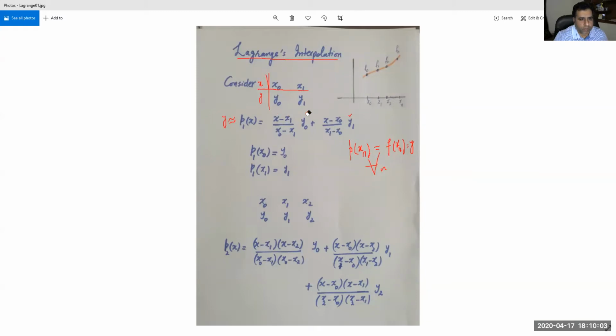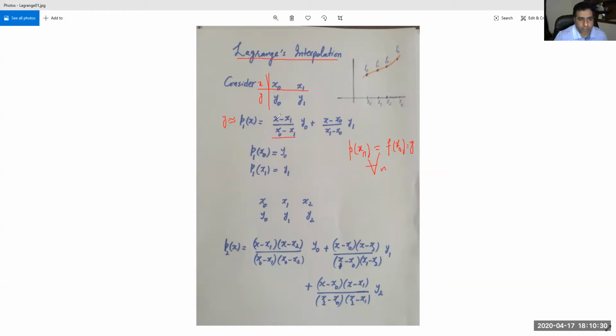Now if you look carefully at this factor, let me take some highlighter. This factor is 0 at x1, and this is 1 at x naught.